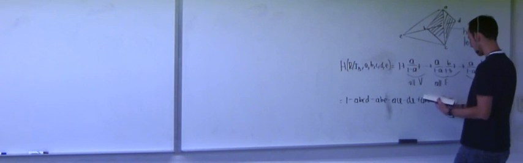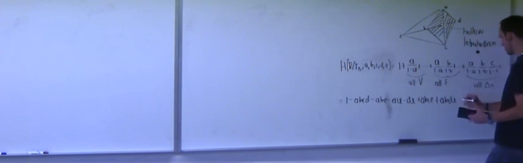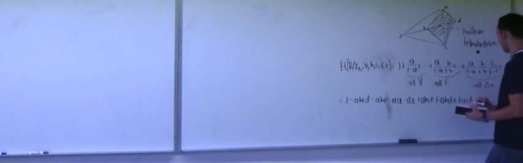By the way, this is all in the notes, so you don't need to write it down if you don't want to. It's kind of long, but the point is that it's not that long.